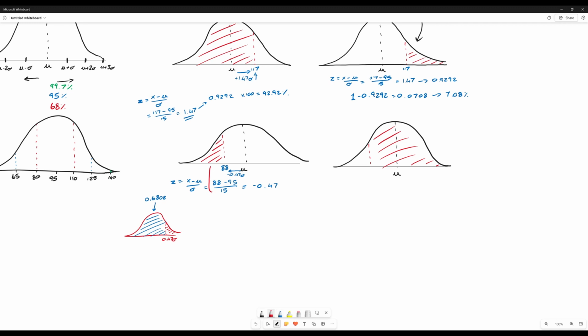So if this part is 0.6808, and we know the whole thing has to add up to 1, you do 1 minus 0.6808 and you get 0.3192, I think. I'm sorry I goofed it.